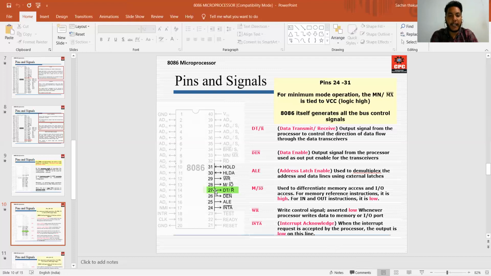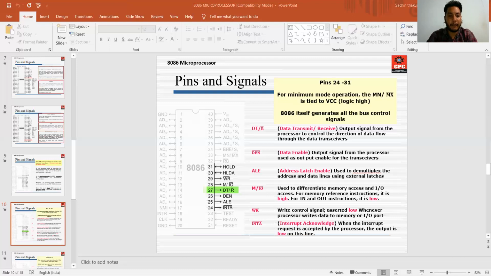Now pin number 27 is your DT/R, data transmit/receive. DT stands for data transmit and R stands for receive. This output signal is used to decide the direction of data flow through the bidirectional buffer.